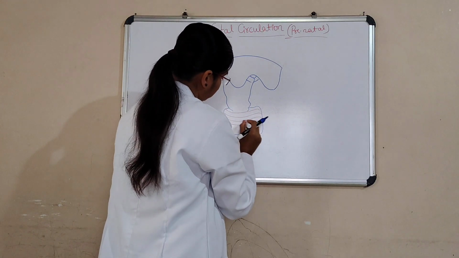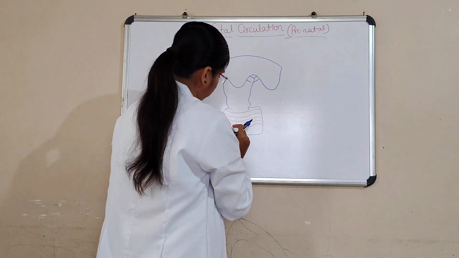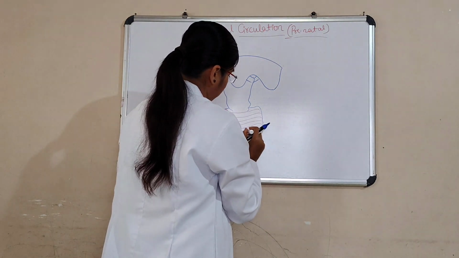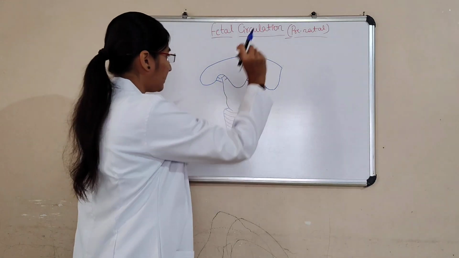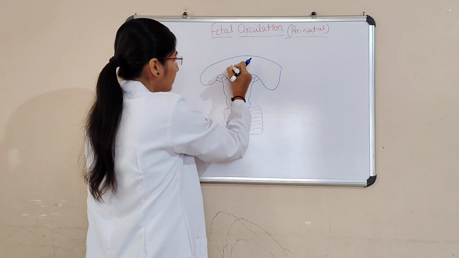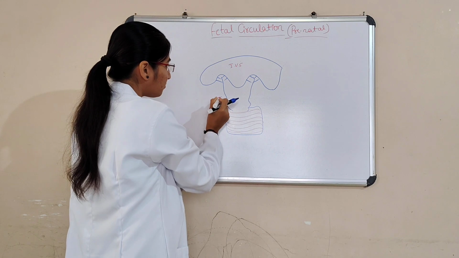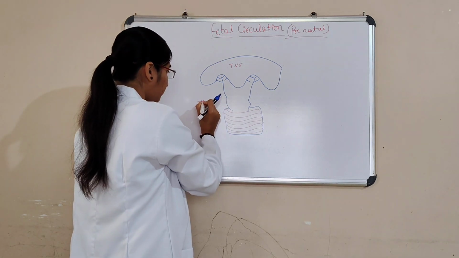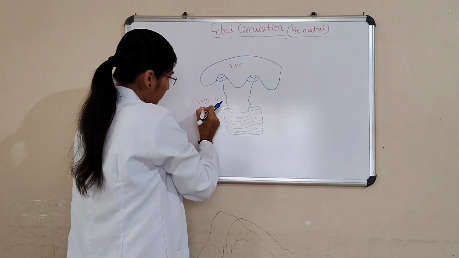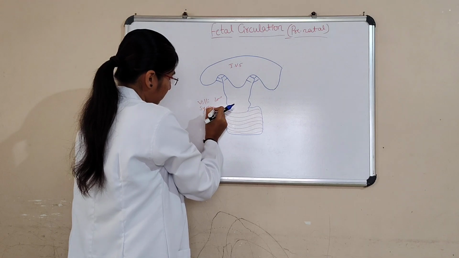It is filled with blood. In short, I write names here. This one is the intervillous space. This one is the villi system.